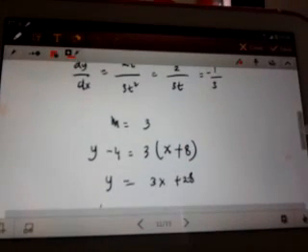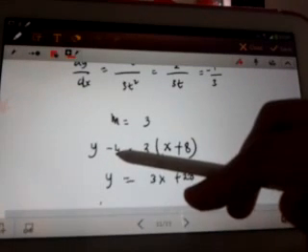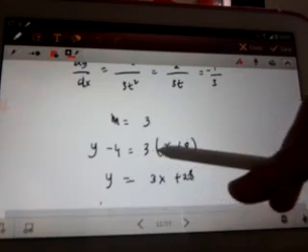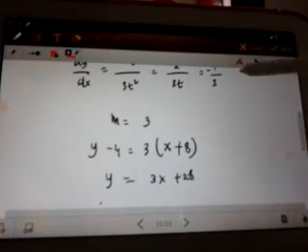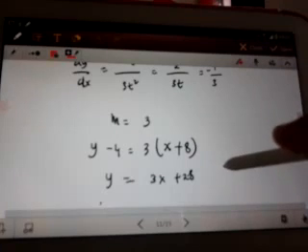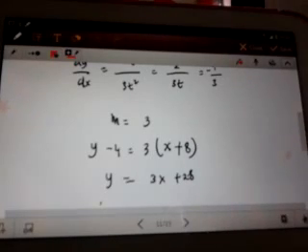So we get the equation y minus 4 is equal to 3 times x plus 8. So the equation of the normal is y is equal to 3x plus 28.